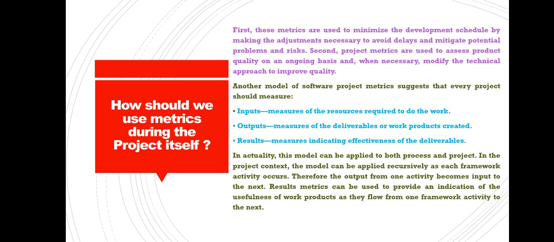Result metrics can be used to provide an indication of the usefulness of work products as they flow from one framework activity to the next framework activity, and so on.